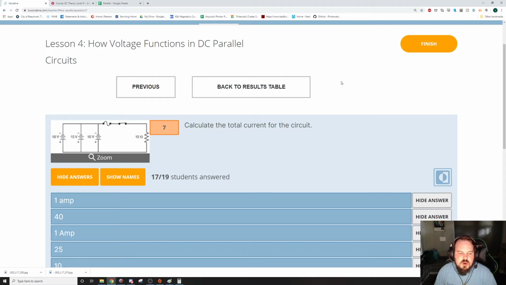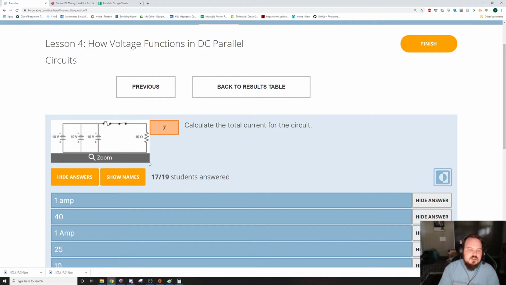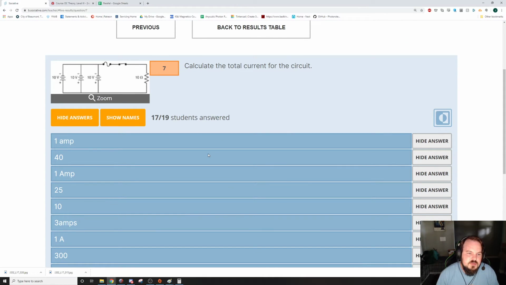Okay, calculate the total current in the circuit. Well, this one is a tiny circuit. We have 3 batteries, each giving 10 volts. But since they're in parallel, the total voltage is 10. Your total resistance is 10. So the total current, well, 10 divided by 10 is 1 amp.